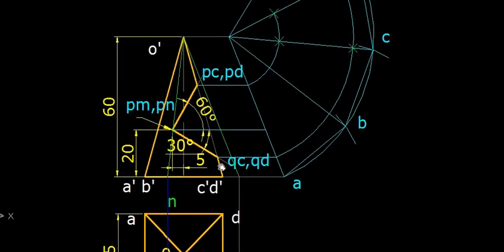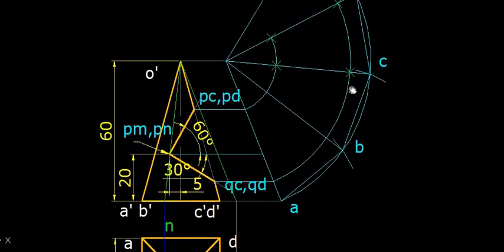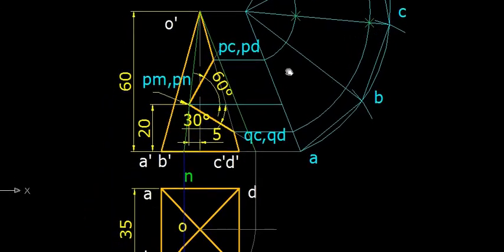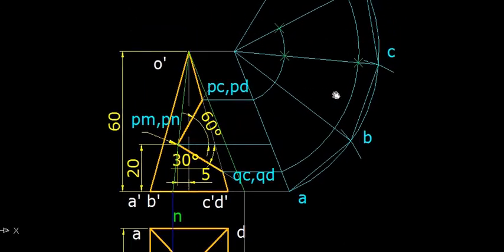Let us try to mark this M and N point on the development first. As there is no edge passing through this, we have marked an additional edge like this. This additional edge must be marked first here.